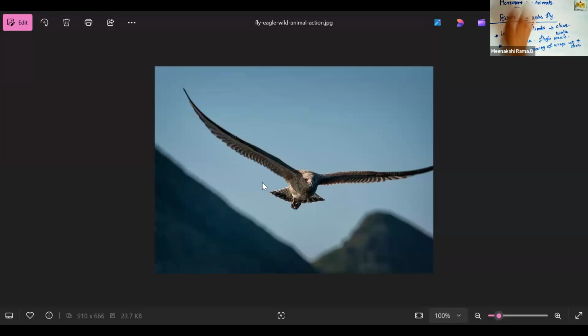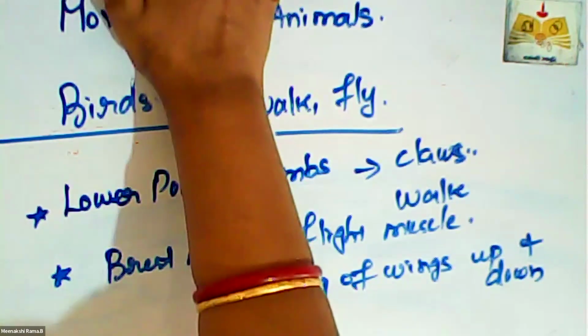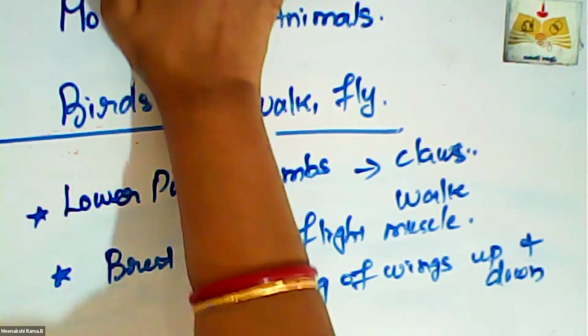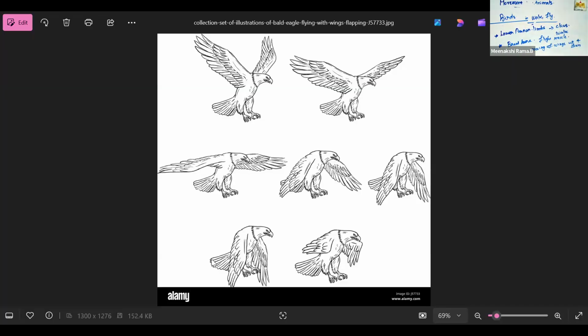The first one is gliding and the second one is flapping. Yes, this is flapping. Flapping means an active flight. The bird beats the air by flapping its wings. They use flight feathers for this purpose.